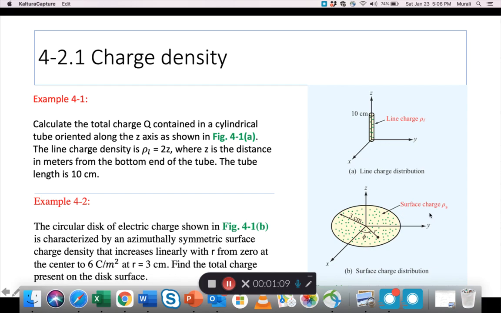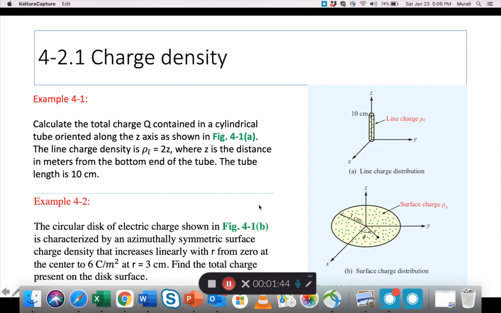The charge density is not given, but what is said is that the charge density increases linearly from 0 at the center to 6 coulombs per meter square at R equals 3 centimeters. So it goes from R equals 0 to R equals 3.